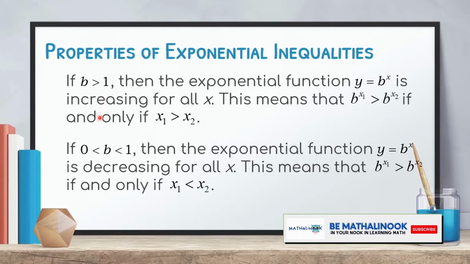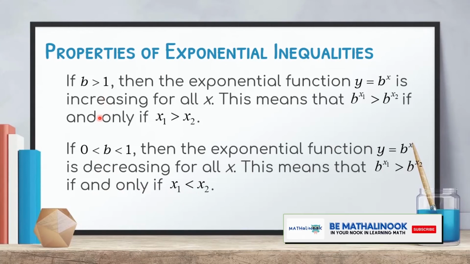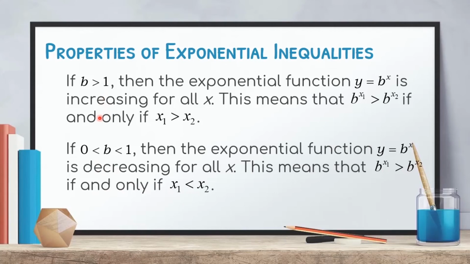Therefore, if we are dealing with exponential inequality, we should always consider the value of b before applying the one-to-one property. If b is greater than 1 and b raised to x sub 1 is greater than b raised to x sub 2, then it follows that x sub 1 is also greater than x sub 2.